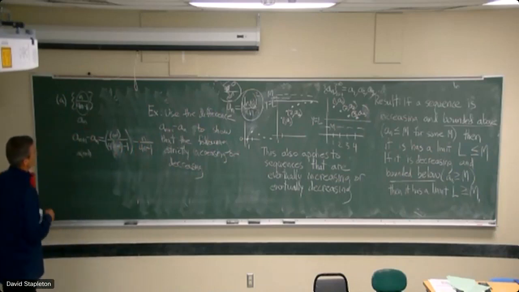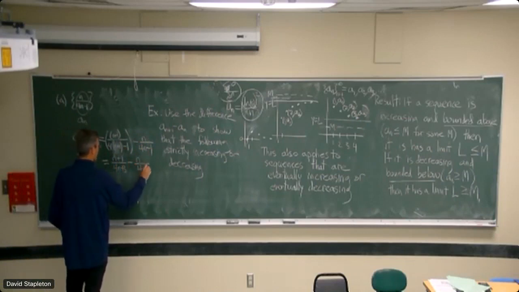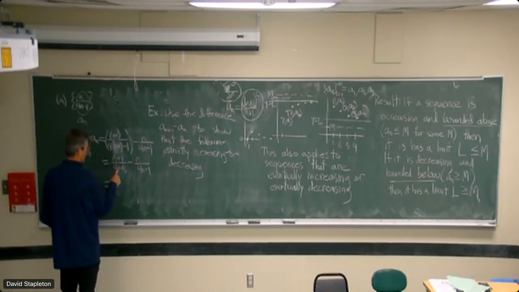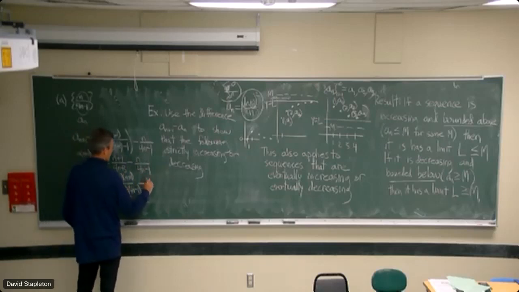Now, how do you subtract those things? It's algebra. You just have to put them over a common denominator. This is (n plus 1) over (4n plus 3) minus n over (4n minus 1). So you multiply the first one top and bottom by 4n minus 1, and the second one top and bottom by 4n plus 3, the other denominator.